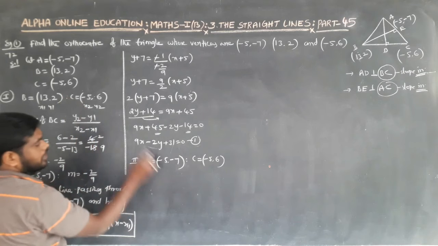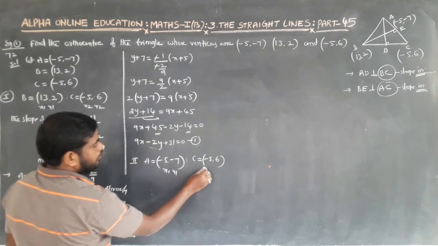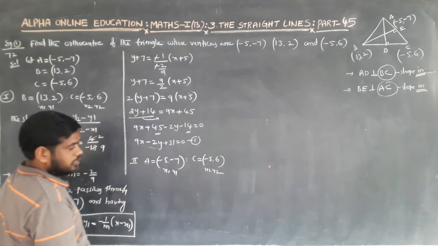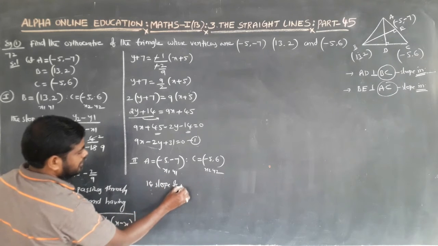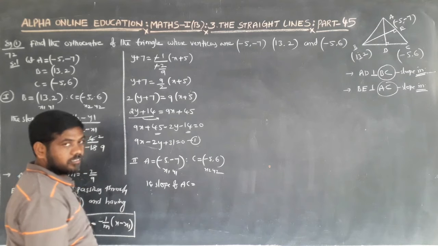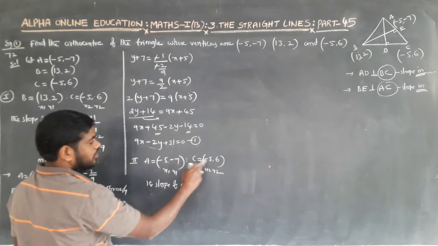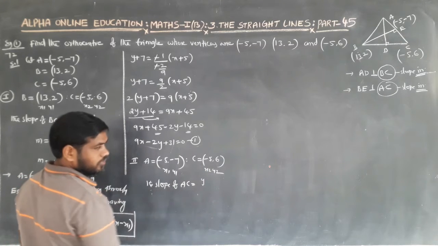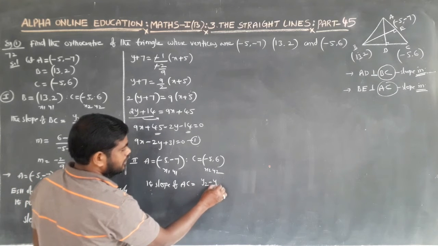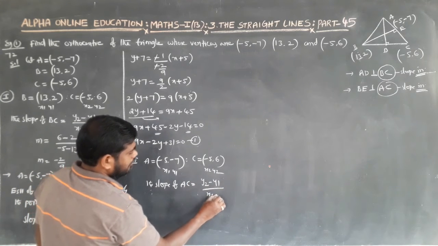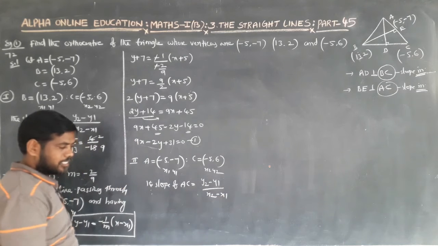Let A be the point (x1, y1) and C the point (x2, y2). The slope of the line joining the two points is (y2 minus y1) by (x2 minus x1).